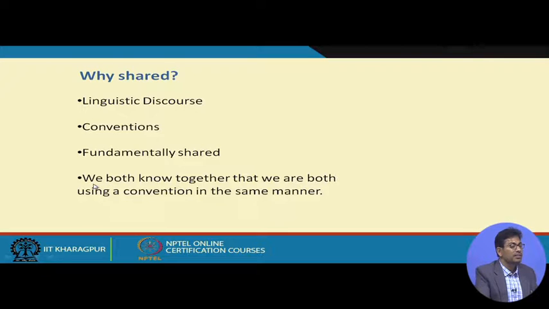Essentially what it means is we both know together that we are both using a convention in the same manner. So, both you and I know that we are using this particular convention in a particular fashion, and hence it is shared amongst you and me and conventionalized, and then creates the particular linguistic domain for that. So, this is how we are talking about a shared intention for that matter.